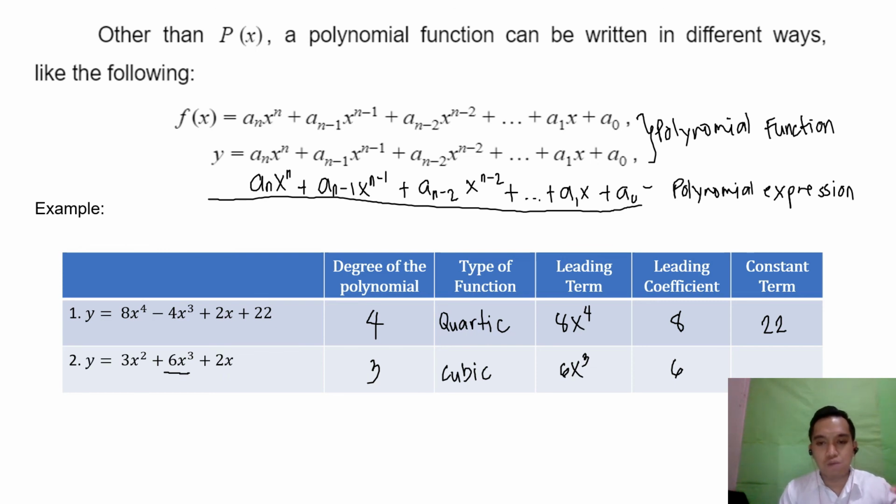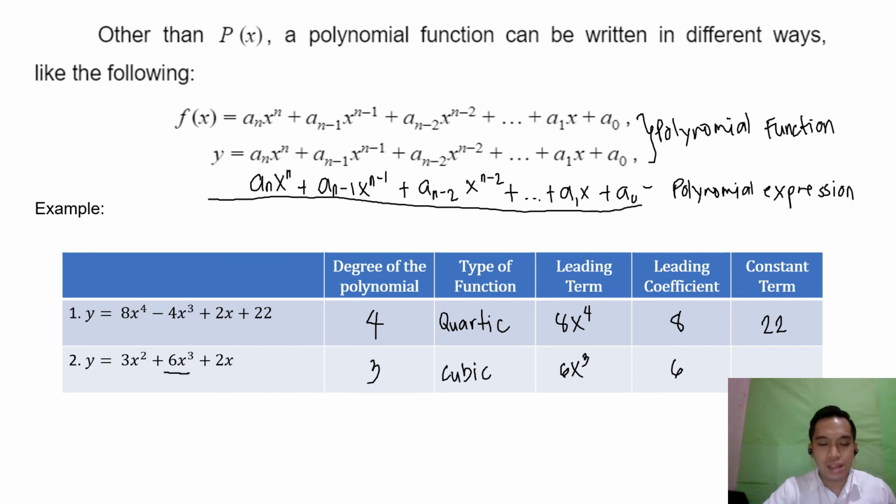Then diniscuss ko sa inyo kung ano ang kaibahan ng polynomial function, polynomial equation, at saka polynomial expression. Okay, then we identify the parts of our polynomial function: the degree of the polynomial, the type of function, the leading term, the leading coefficient, and the constant term.